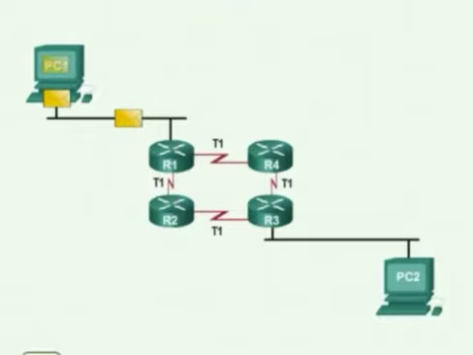Now, what happens if a routing table has the same metric in two paths? For example, in this animation, we have the same metric between router 2 and router 4, and router 2 and router 3. So how can we deal with this scheme?